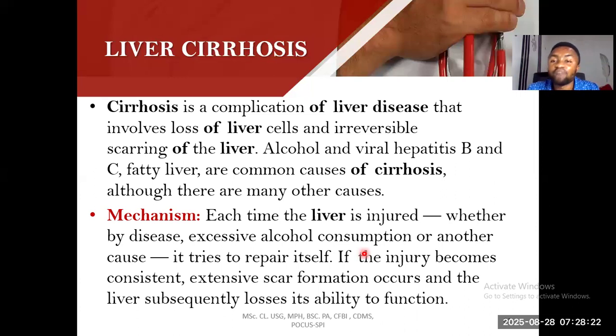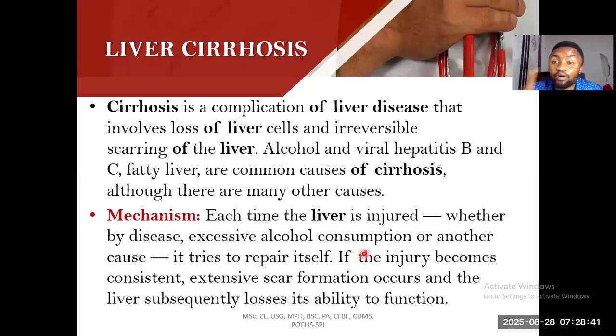So that is it. Viral hepatitis B and hepatitis C. Some years back, hepatitis B alone was in Ghana here, especially West Africa. But now, hepatitis C, if you joke, you are dead.